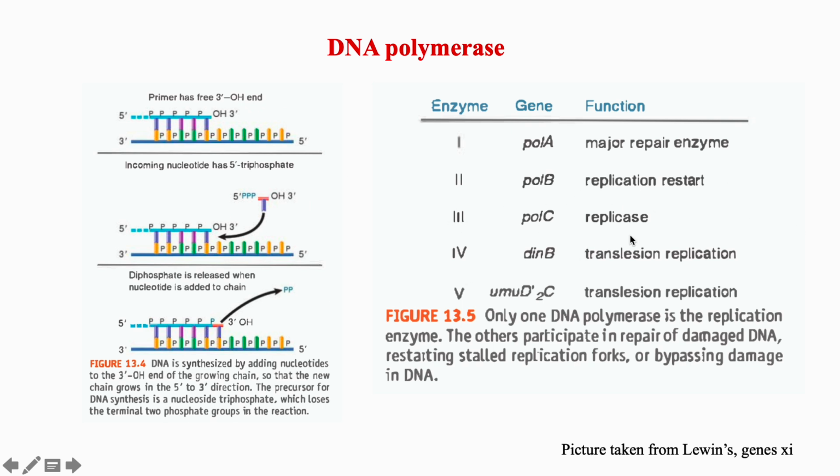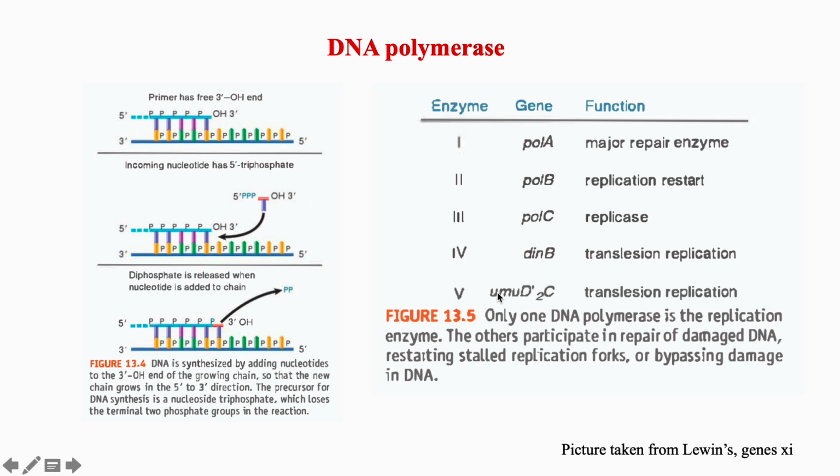Pol 3 is a replicase. Pol 3 is a major DNA polymerase. It will polymerize mostly the long strands of E. coli. So the major DNA polymerase from 1, 2, 3, 4, 5 is Pol 3. It's a major replicase enzyme. It will mostly polymerize the DNA fully, and the others are for repair and help in replication start.